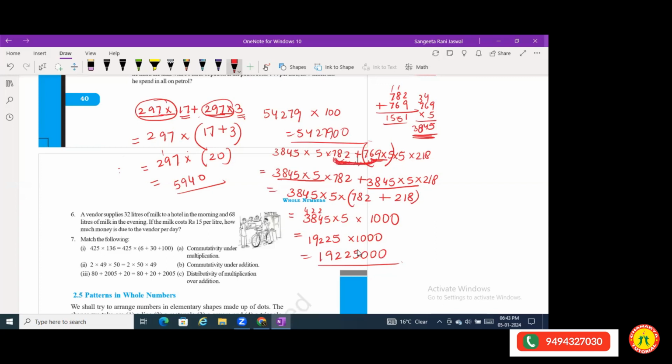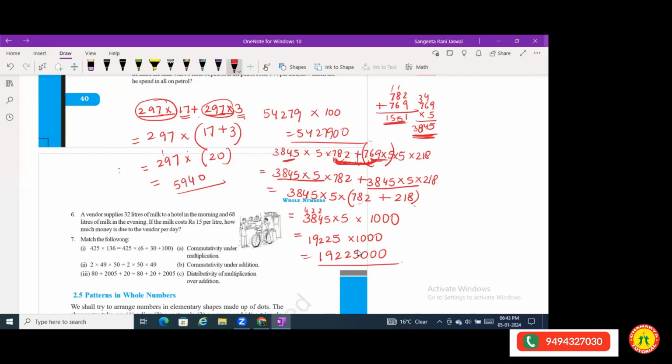When I first tried with this, I saw that I'm getting some new number, not the number which is common. Then I tried this 769 with 5. I multiplied this, so I got the same number which I had here. So I can see that now this number is common with this. 5 is also common. So it came to my mind that I could take out this common and I am left with only these two numbers.